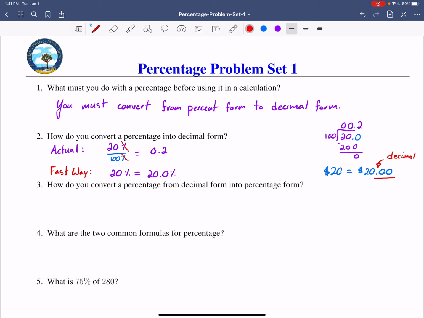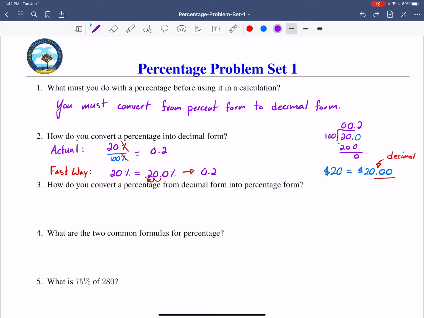So the fast way of converting a percent into decimal form is you add the decimal right here, and then you move that decimal 2 places to the left. And what that gives you is 0.2, which is the same as what we got before.